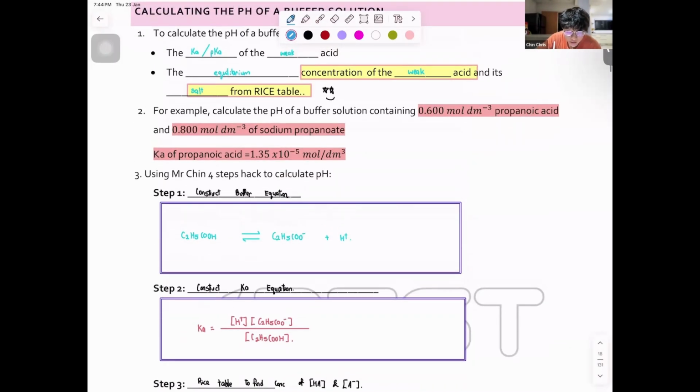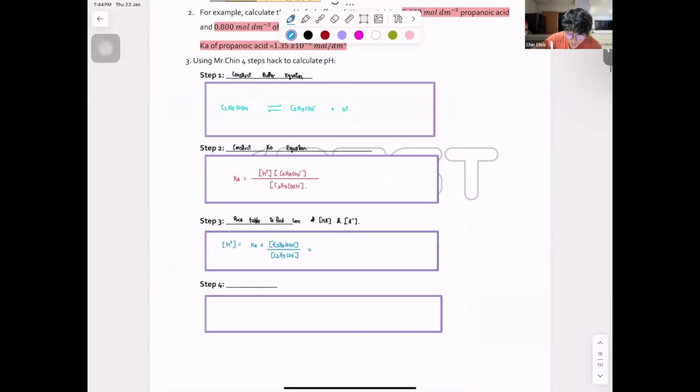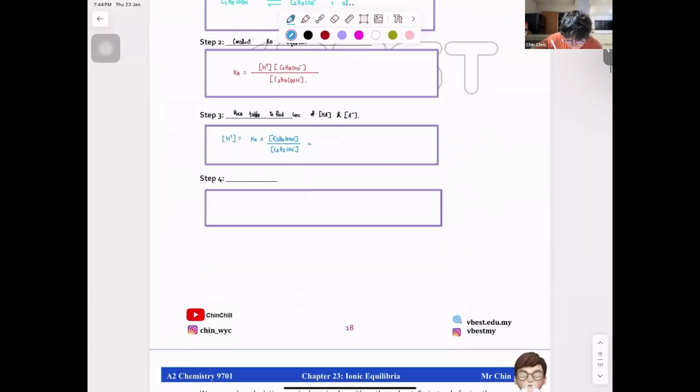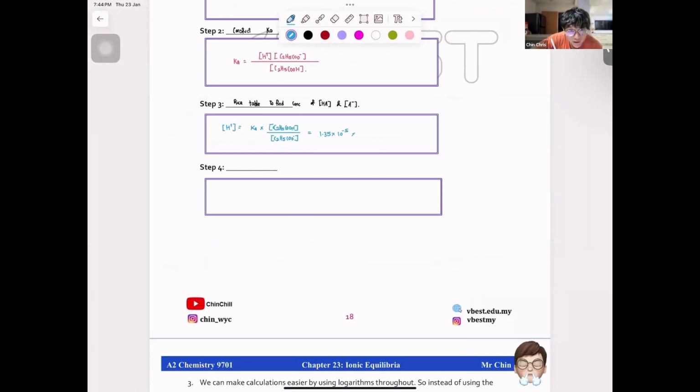So I can straight away write H+. You can just rewrite this equation, move this over, then move this over. Can I say that H+ equals Ka multiplied by C2H5COOH over C2H5COO-. And what is my Ka value? 1.35 times 10 to the power of -5, correct.